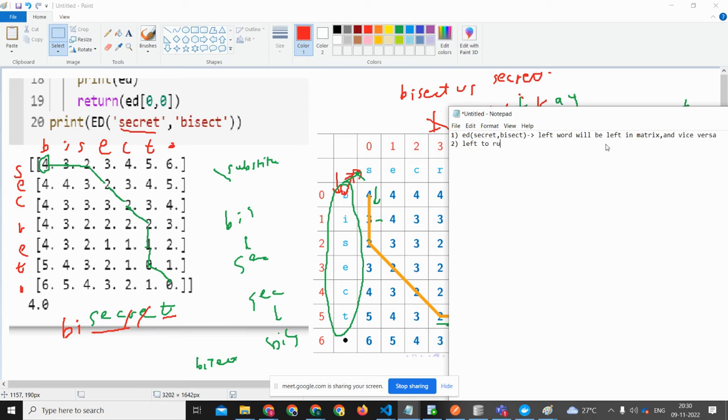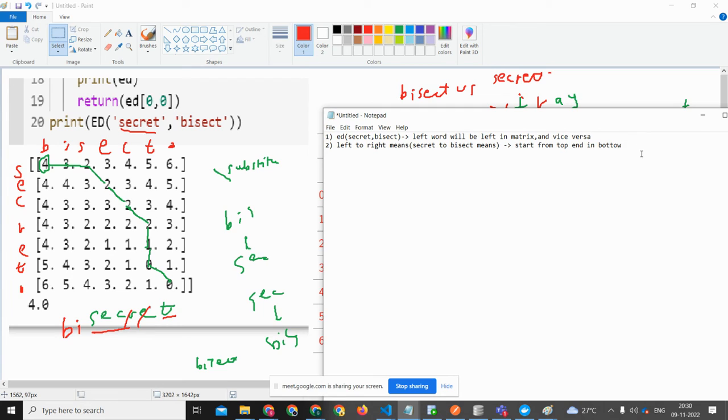So left to right means, in this case, secret to bisect means top to bottom. Start from top, end in bottom.